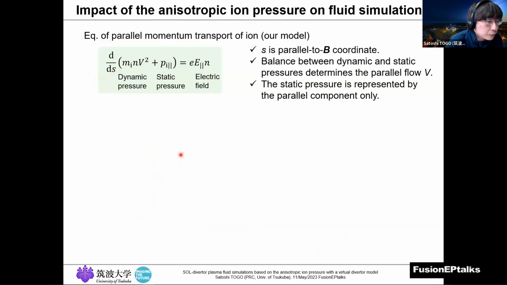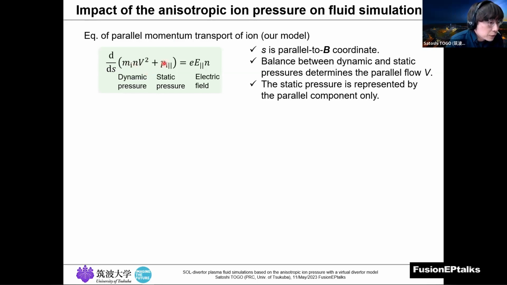Here, let me briefly explain how the anisotropic ion pressure affects the fluid simulation results. This equation shows the very basic form of parallel momentum transport of ion. Here, s and V represent the parallel-to-B coordinate and the parallel ion flow velocity, respectively.